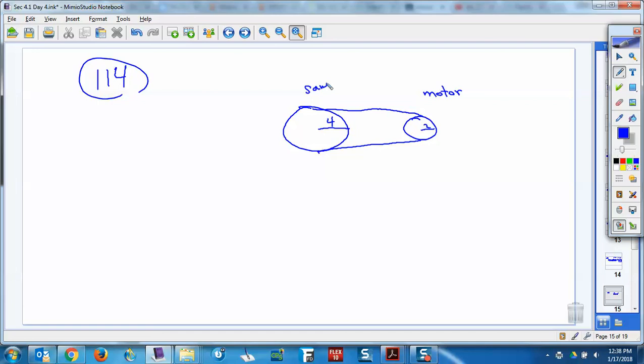It says the small pulley is going 1,700 revolutions per minute. So what do we know? This is what we're going to talk about the rest of the time with the bike scenario. How fast, let's do revolutions, is the big pulley going?